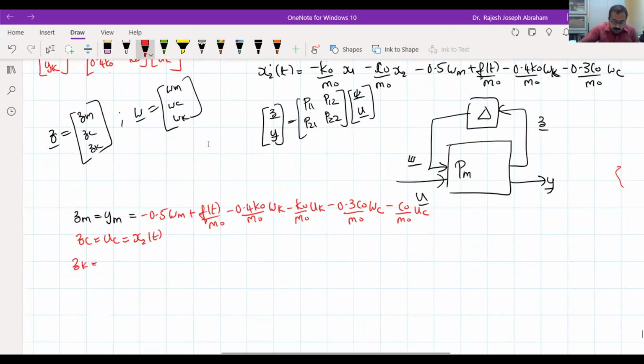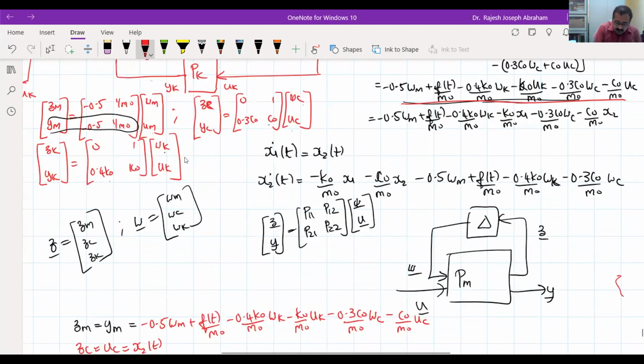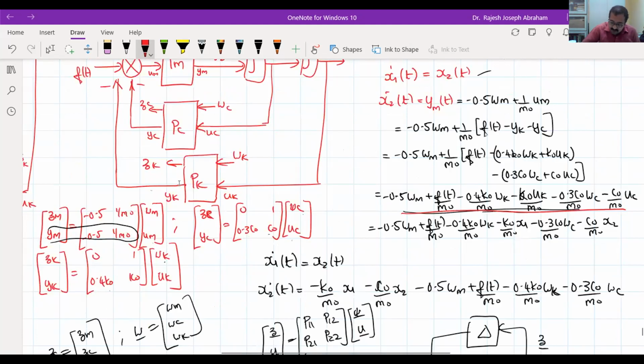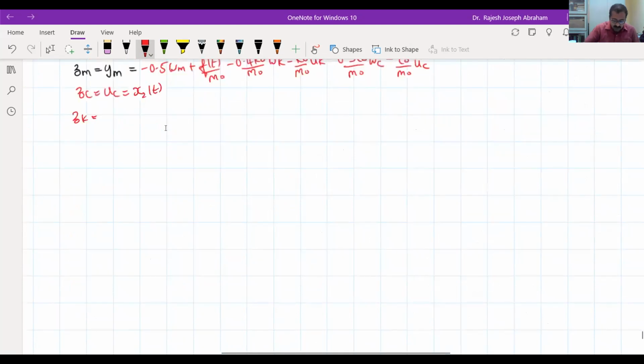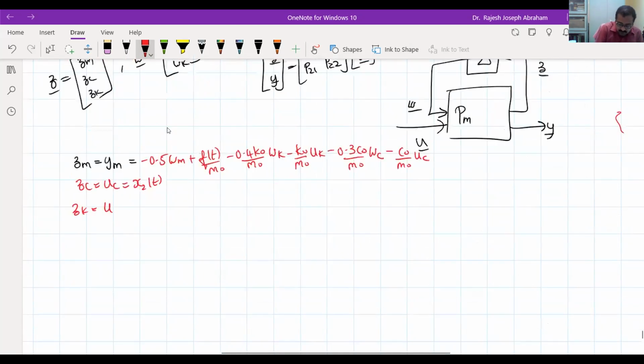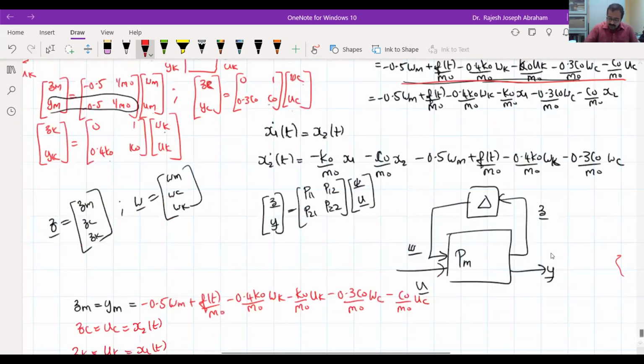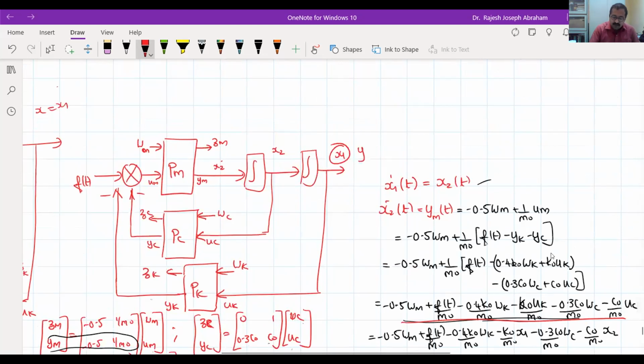Zk is 0 into Wk plus 1 into Uk, and Uk is the same as x1. So Zk equals Uk, which equals x1 of k. And what is y? Y is the output of the plant, which is nothing but x1. Y equals x1.